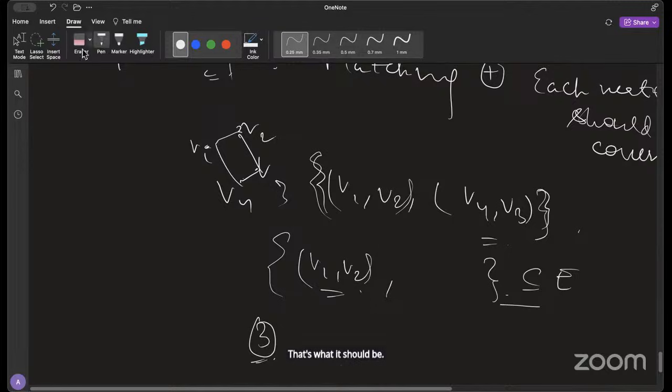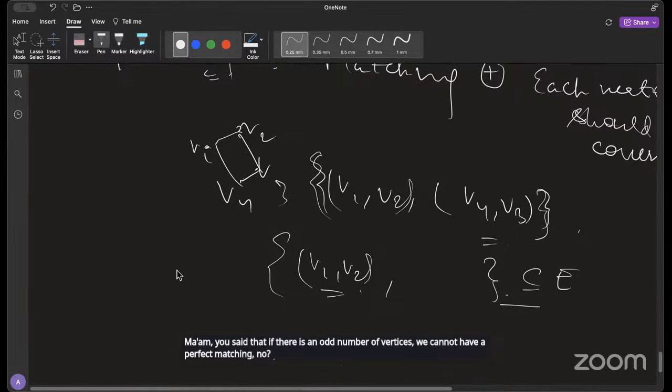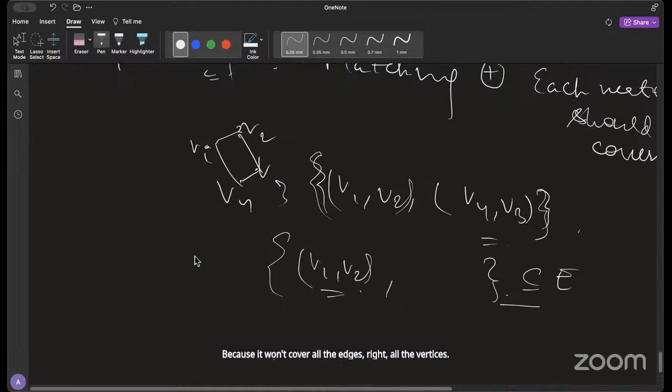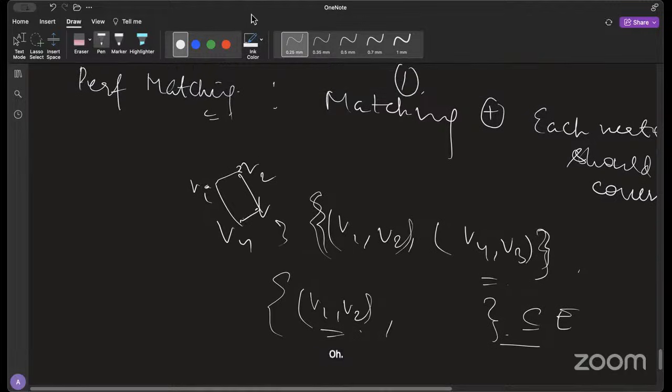Ma'am, you said that if there is an odd number of vertices, we cannot have a perfect matching, no? Because it doesn't cover all the vertices, right? Yep. And in a perfect matching, a vertex cannot be repeated in the pairs, like V1 cannot come again.